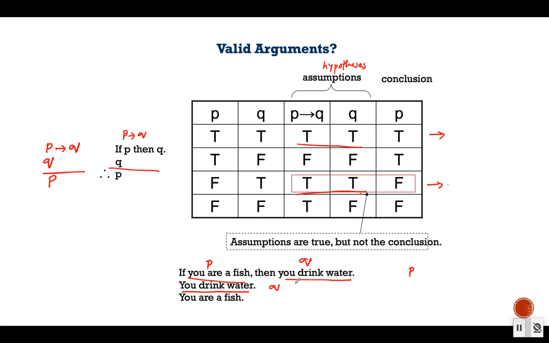Many other animals can also drink water. Now if p is true, then q is true, we know that. Now you drink water, q is true. Does that necessarily mean that you are a fish? We cannot make a valid argument like that. If q is true, that doesn't necessarily mean that p has to be true.